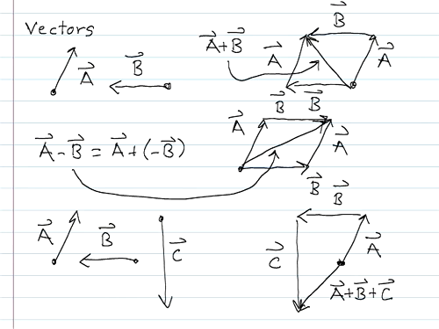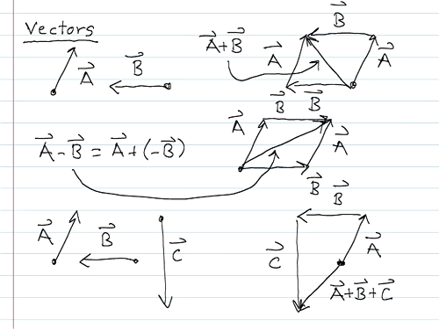So this is not the end of the story. This is just part of what you need to do to be able to add or subtract vectors, is to draw a diagram so you can see what's going on. It's good to do this conceptually. It's also good to do it to check your answer once you're done adding the vectors using components. And in practice, you will add them using components to get a more accurate answer.